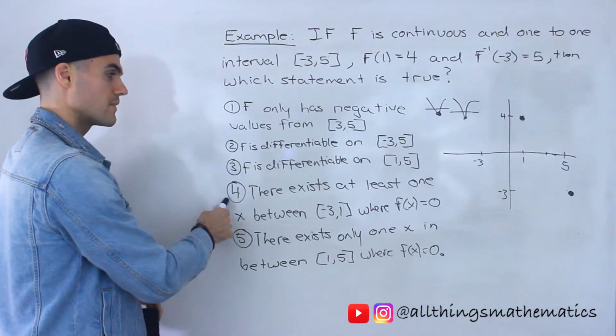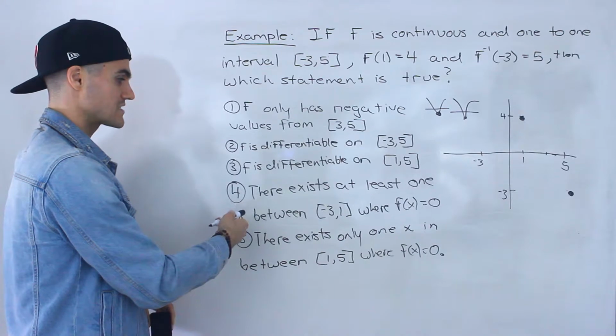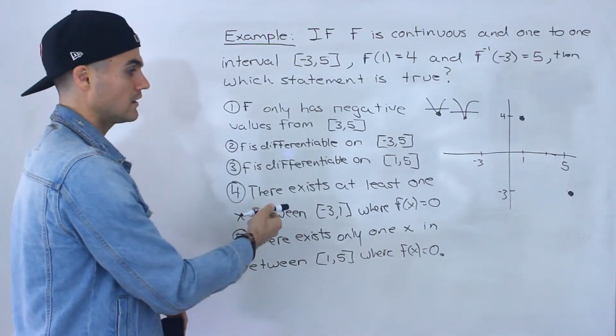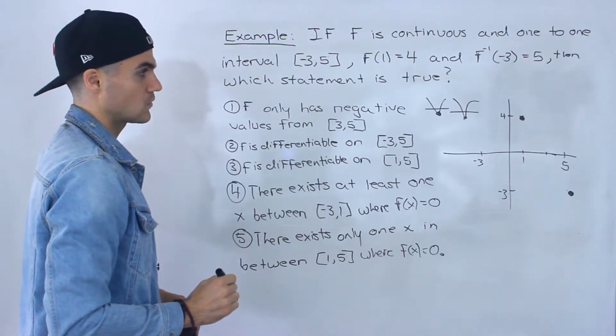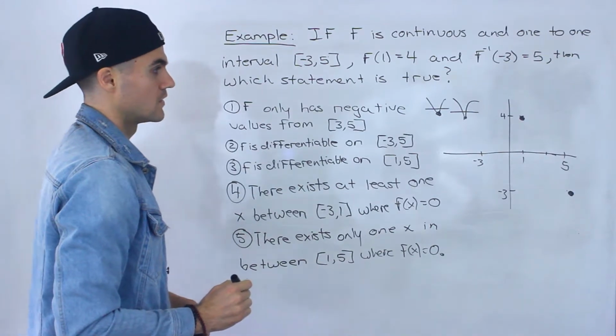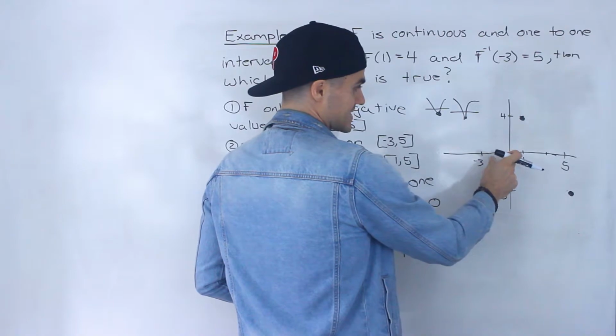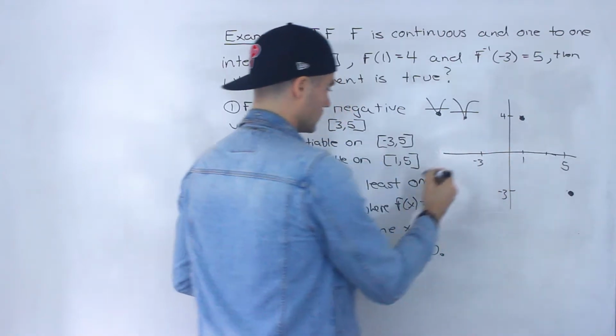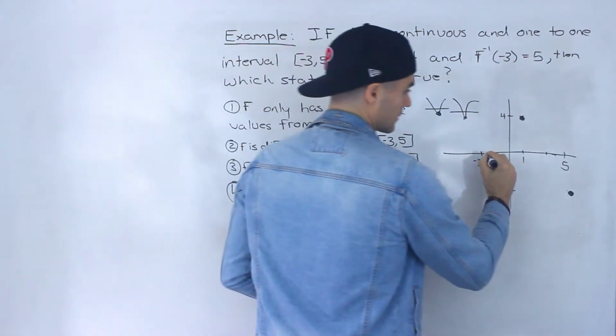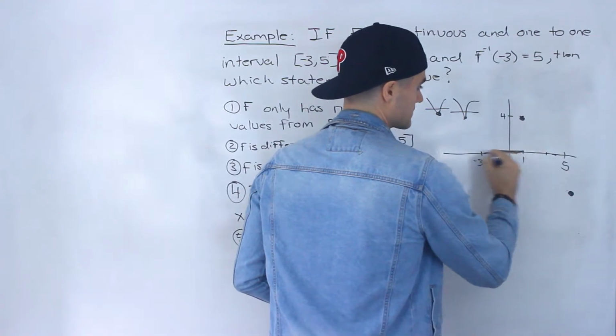Number 4, there exists at least one x value between -3 and 1, where f(x) is equal to 0. So between -3 and 1, they're saying there exists at least one x value where f(x) is 0, basically where it's going to cross this axis.